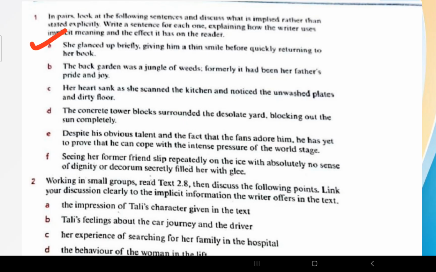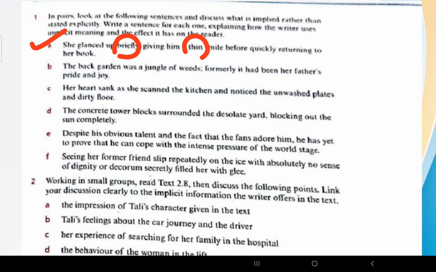The first example: she glanced up briefly, giving him a thin smile before quickly returning to her book. There are a few words in this line that are giving a kind of meaning. If I say she glanced up briefly, this word briefly means for a very short period of time.